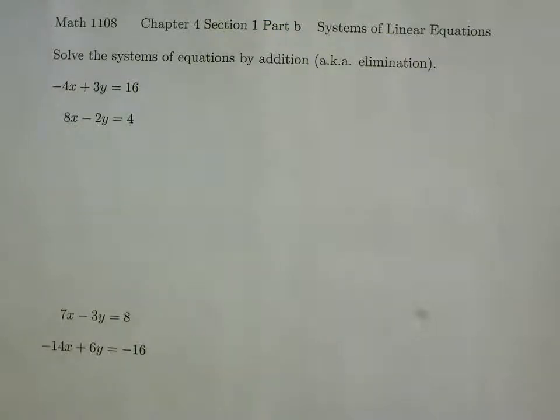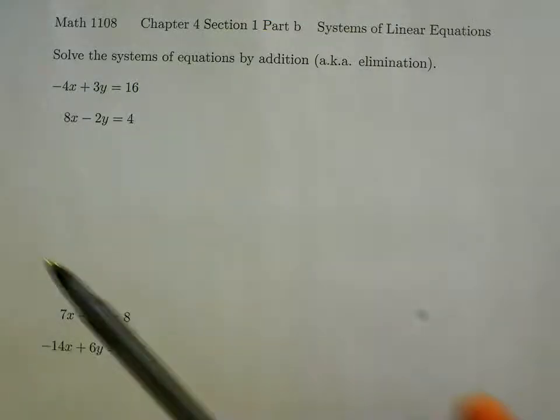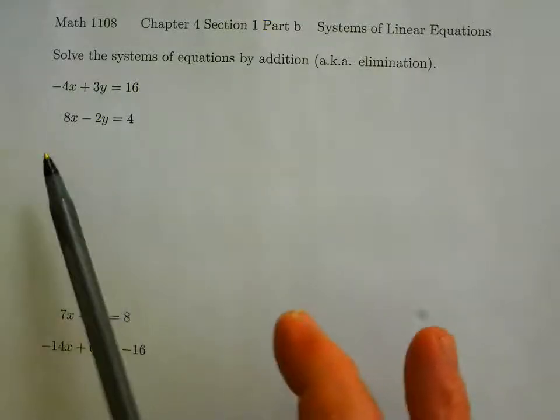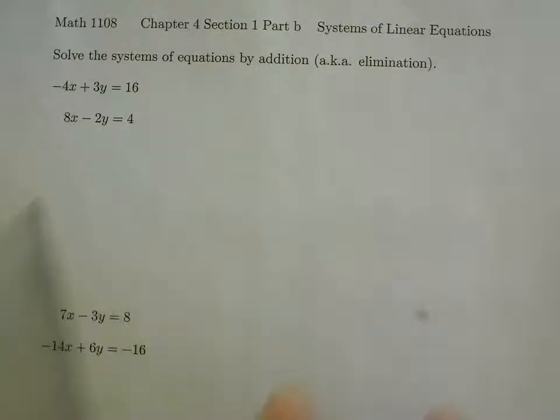So we have to do some preliminary work in order to get an elimination. To get an elimination by adding two equations means we're going to pick one of the variables and write down equivalent equations so that in the variable that we choose to eliminate, the coefficients are negatives of each other.